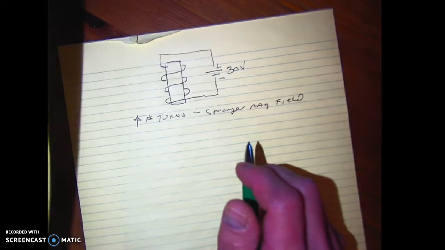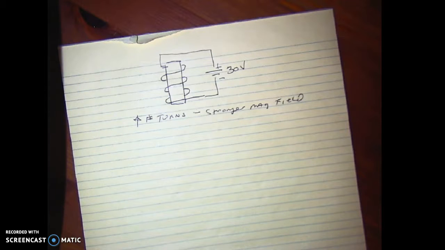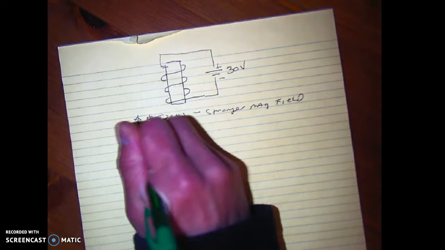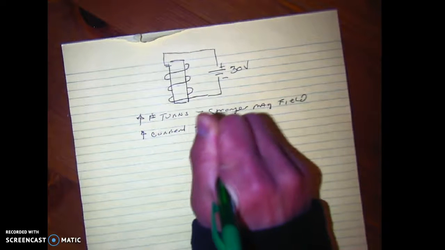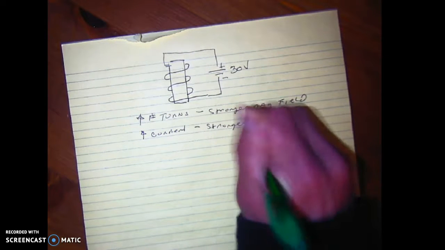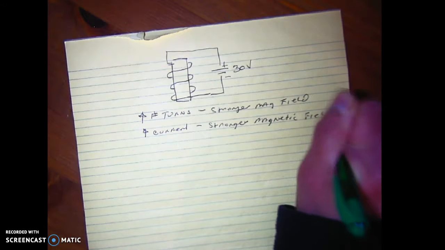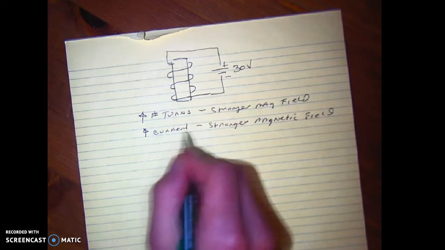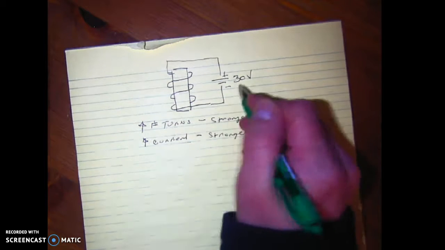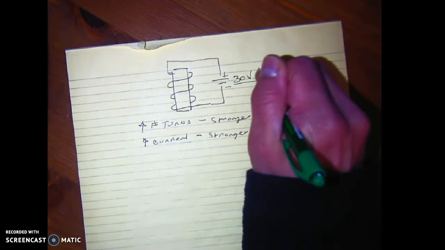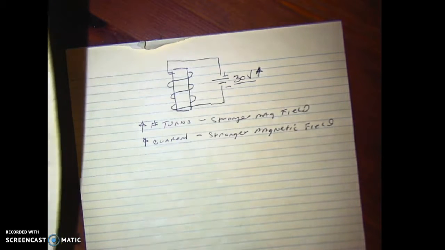Also, if we increase the current, we get a stronger magnetic field. Well, how do we increase the current? The only way to increase the current is to increase our voltage. So if we increase the voltage here, we get more current, which equals a stronger magnetic field.